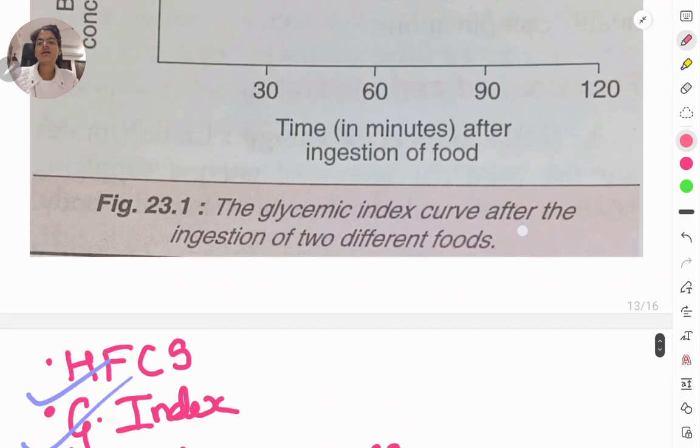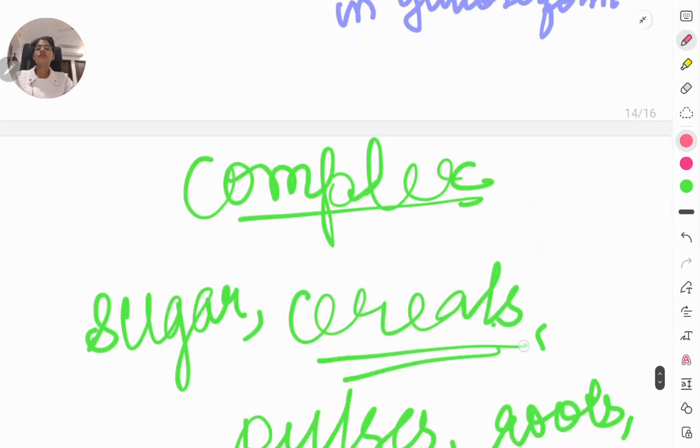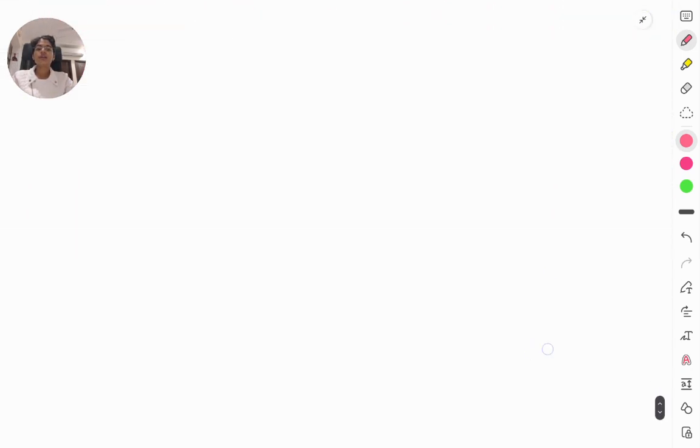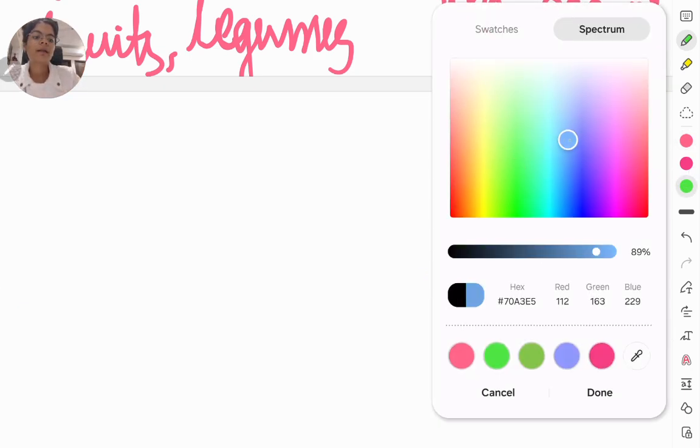So that was for this. Now fibers, we saw the types. Now let's see the benefits of fiber and also the adverse effects. Benefits are many. We know that.